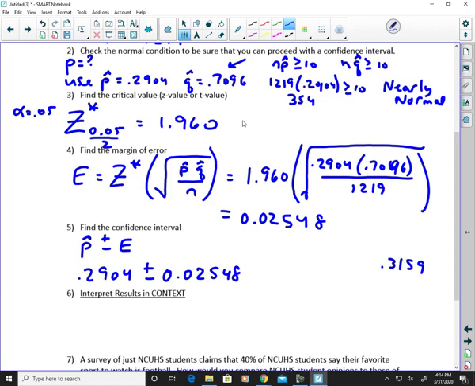And then my low value is roughly 0.2649. And really, I should probably round these to 3 sigs at this point because I used only 4 sigs when I was doing this. I'm going to round it to 3 sigs.